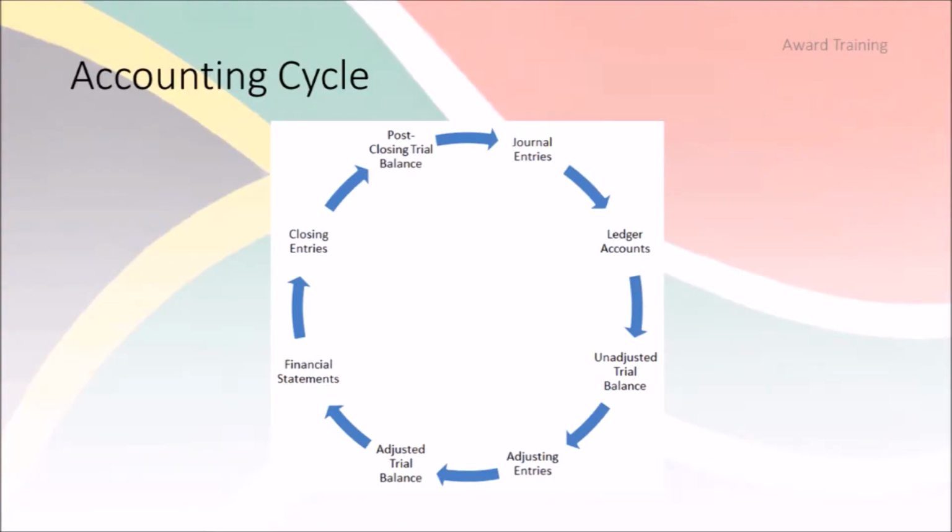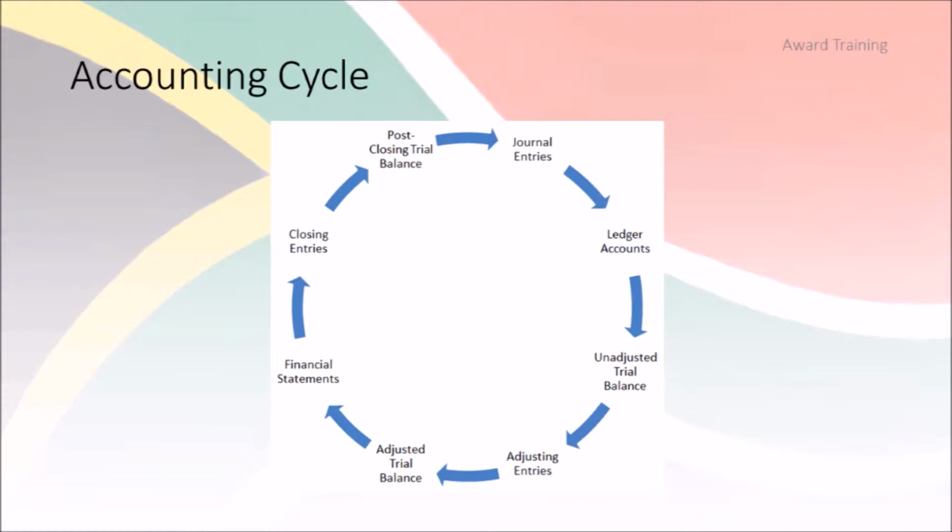Let's have a look at a typical accounting cycle now. The accounting cycle starts with source transactions, which are your normal receipts, check counterfoils, entries on a bank statement.